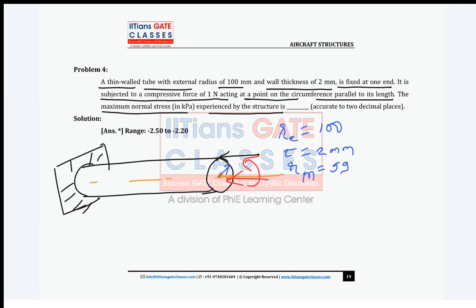Yes or no, guys? So what is the axial load? The P is 1 Newton, and what will be the bending moment? It will be 1 into R. R is how much? 100. So it is 1 Newton into 100, 100 Newton mm. Clear, guys? Is this getting clear?